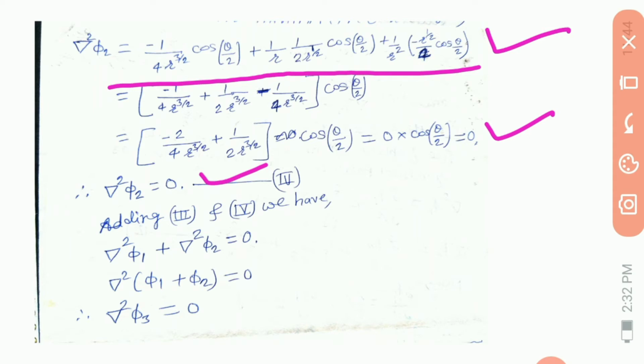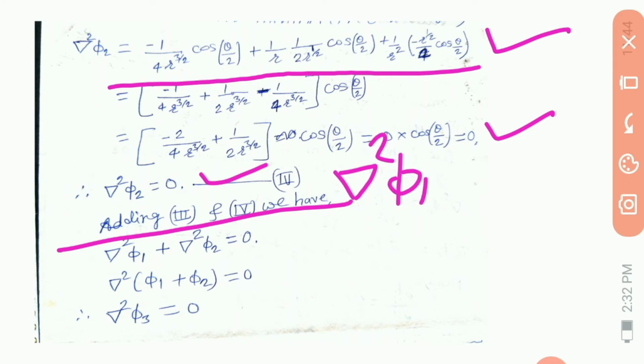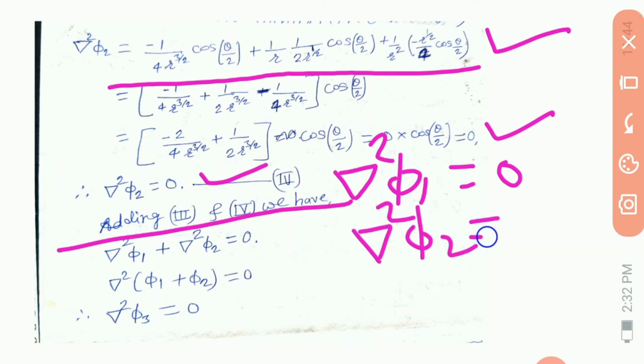Now adding equation third and fourth. What is equation third? Equation third is del square φ1 is equal to 0. And what is equation 4? Equation 4 is del square φ2 is equal to 0.